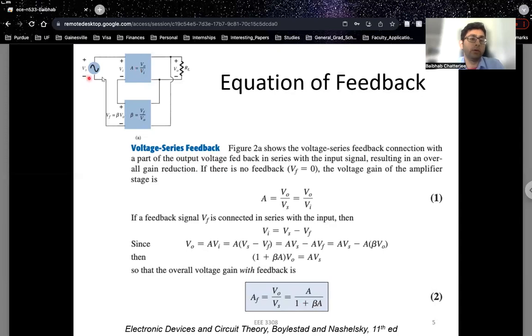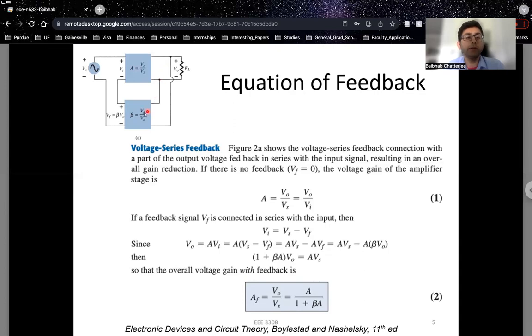Because the amplification factor can change between 1 million and 10 million, your output voltage will also change between 1 million times the input voltage and 10 million times the input voltage. And that's not a good thing to have, because you don't know how much your output will be, because your amplification factor will change based on process, voltage or temperature variation. So these are called PVT variations.